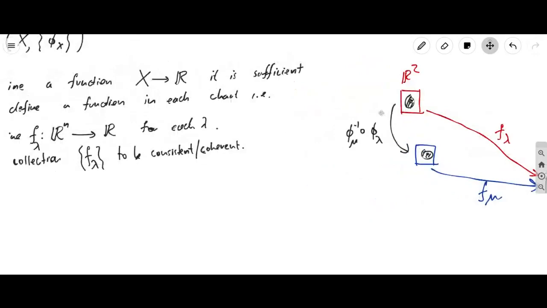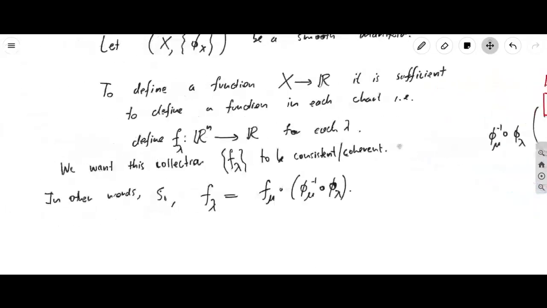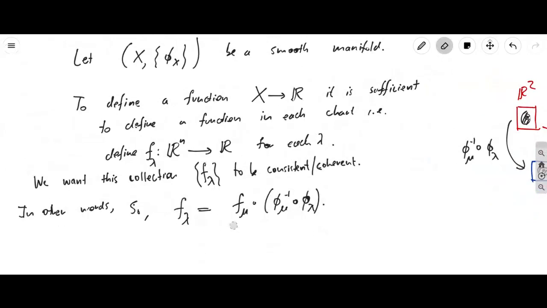So the condition should therefore be what? We want that f lambda should be equal to f mu composed with this. If this condition is satisfied, then we have a well-defined function. Okay?